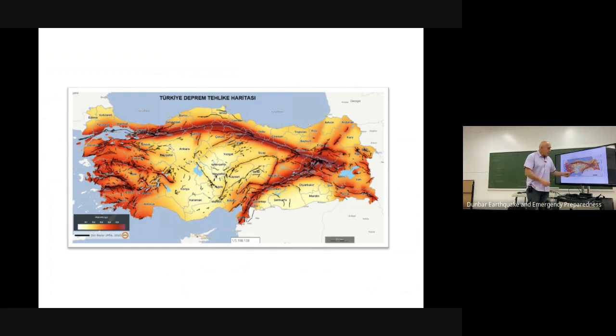This is an area where about 11 million people live, and there are many, many cities. The buildings that were built here were mostly built before the 1999 building code. And for the ones that were built after 99, the problem was corruption: bad construction. Not the design itself, but the construction is what caused the problem.